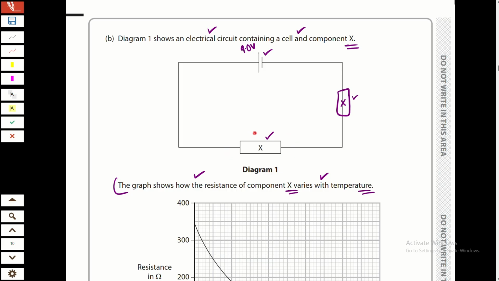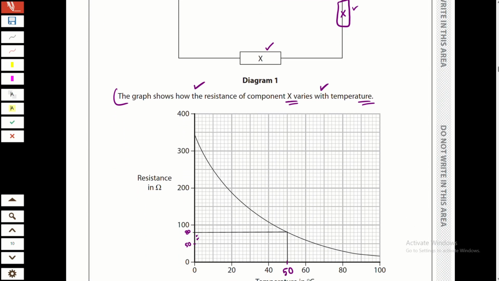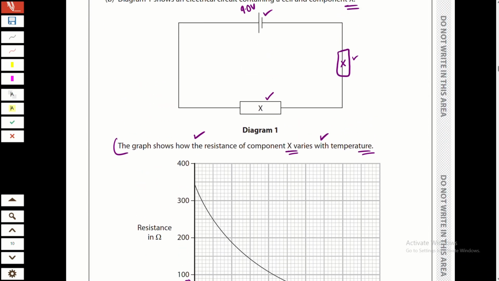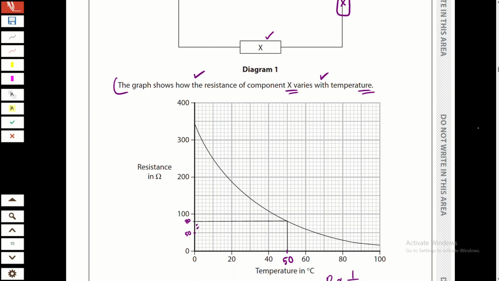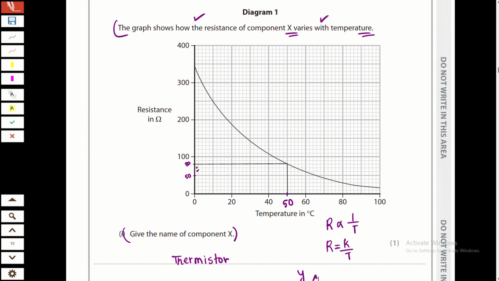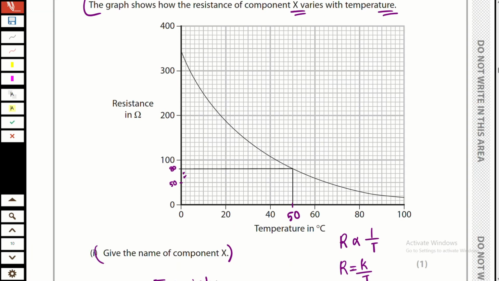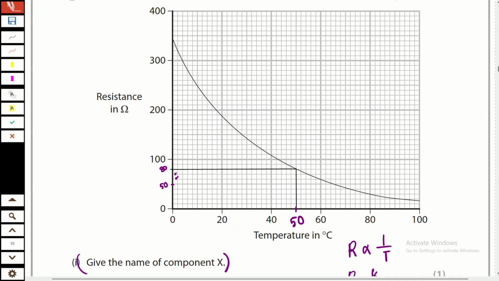But now there are two identical thermistors, both of them at the same temperature. As I have mentioned before, both of them will follow the same resistance against temperature graph. So let's find the resistance at 26 degrees Celsius. This one's 30, so this should be 22, 24, and this one's 26.